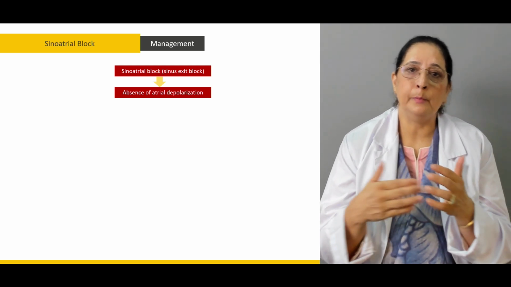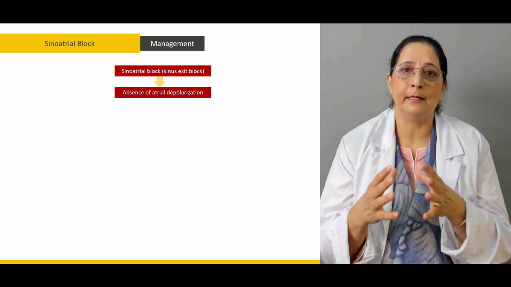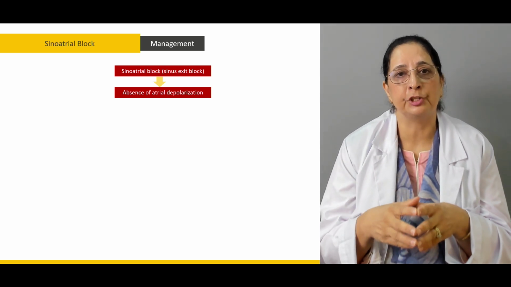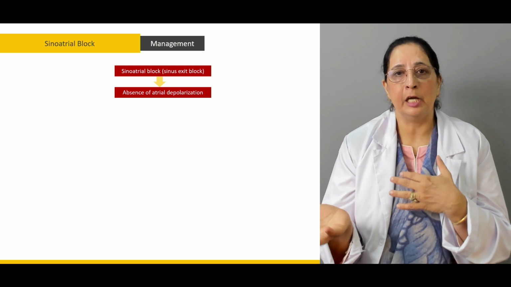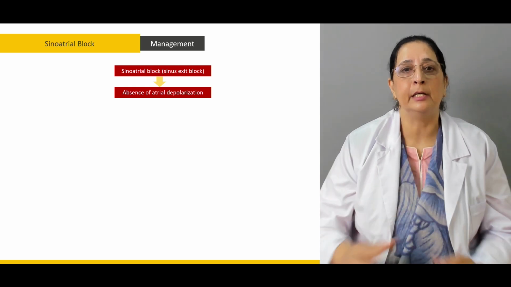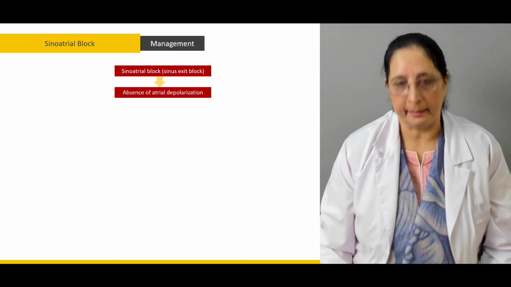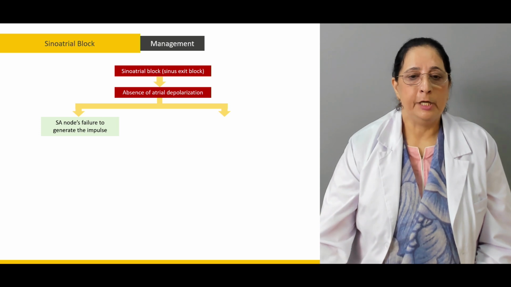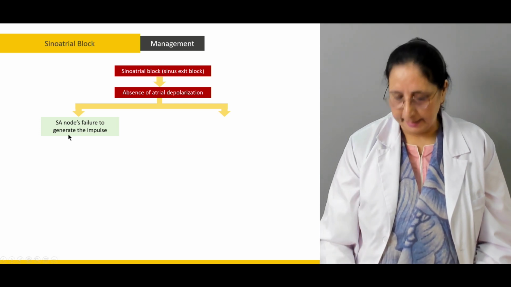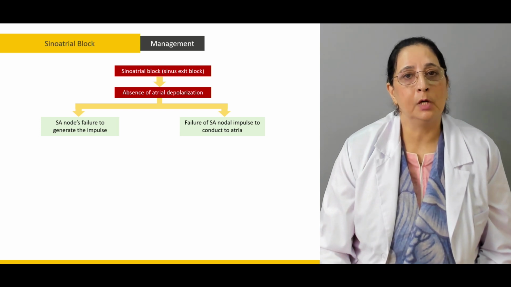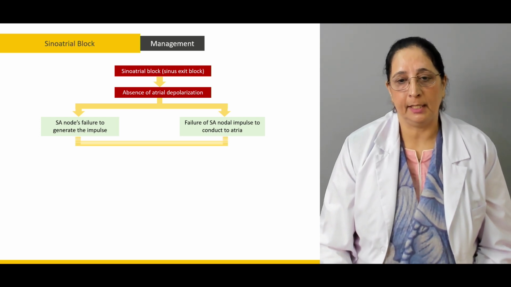So when no impulse is generated and there is block in the SA node, the pacemaker is not functioning, then there is no atrial depolarization, there is no proper generation of the P wave. SA node's failure to generate the impulse, failure of the SA node to conduct to the atria.